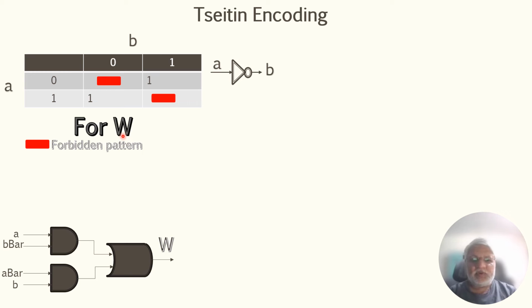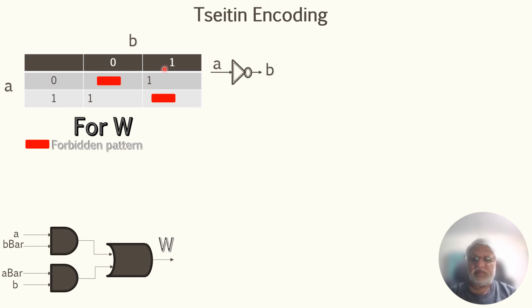Okay, so to do that, we will find the expression of W involving both input and output. If you see here, when A equal to 0, output B equal to 1, we will say that expression W is 1 here. That means that sub-expression will become 1. And when A equal to 1, B equal to 0, at that time also the sub-expression should be true. When A equal to 0, B equal to 0 is an invalid or forbidden pattern, so we will not consider this.